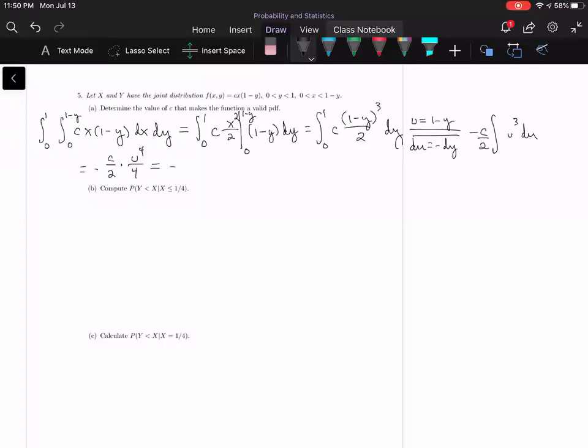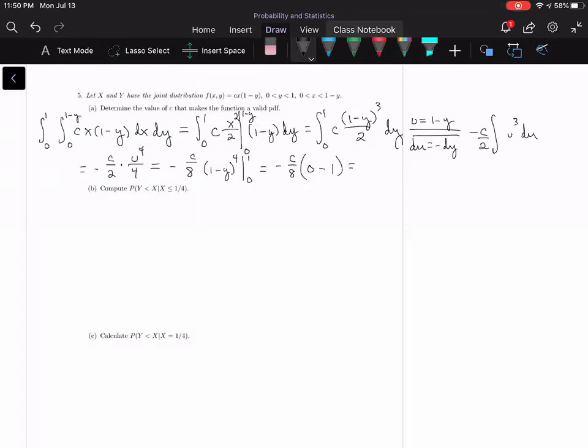And you could either change the limits of integration or put u back in terms of y. So this is negative c over 8, 1 minus y to the 4th, evaluated from 0 to 1. So we have negative c over 8 times: when y is 1, we have 0, minus when y is 0, we have 1.